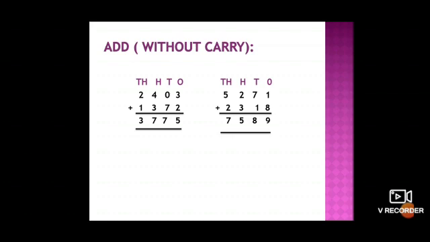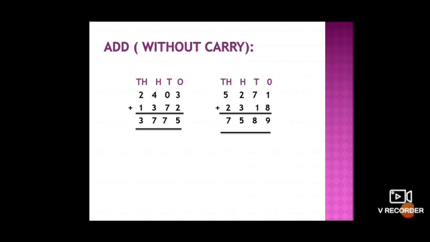So let's see what the digits in the ones place are. Here we have 3 and 2. 3 plus 2 gives you what? 5. Good. Next, after adding the ones place, we move on to the tens place. The digits are 0 and 7. 0 plus 7 gives you 7 itself.